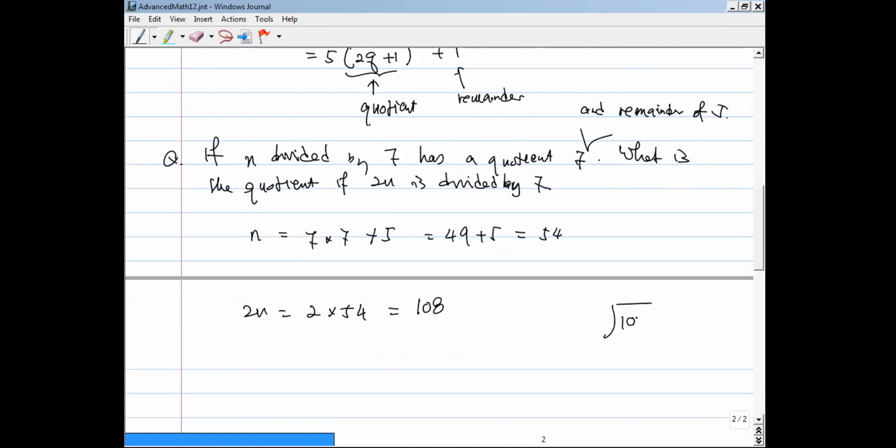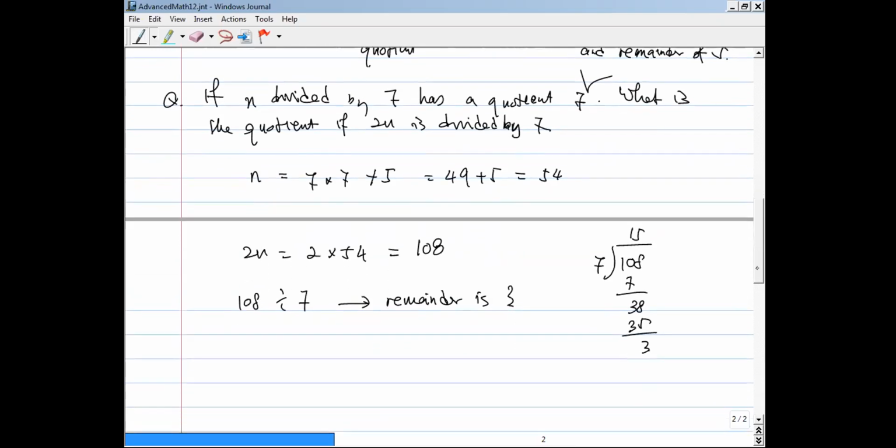So 108 divided by 7. Then the remainder is 3.